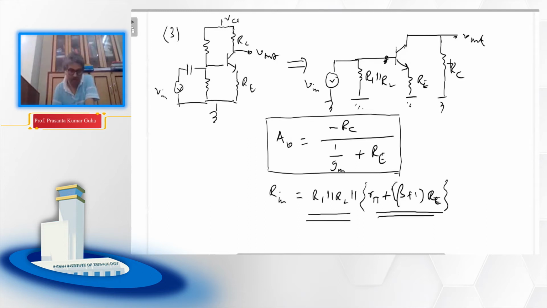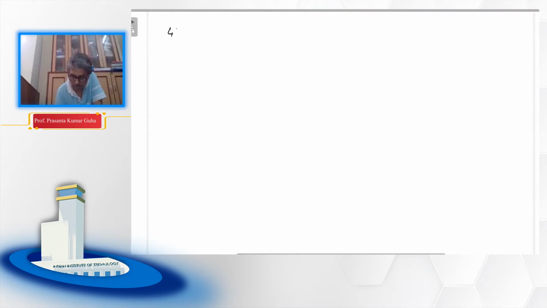If we generalize everything, let's have one more configuration, not configuration, but if we generalize everything, then we have to add one load resistance, one source resistance of the input signal, and see how then the situation will change.